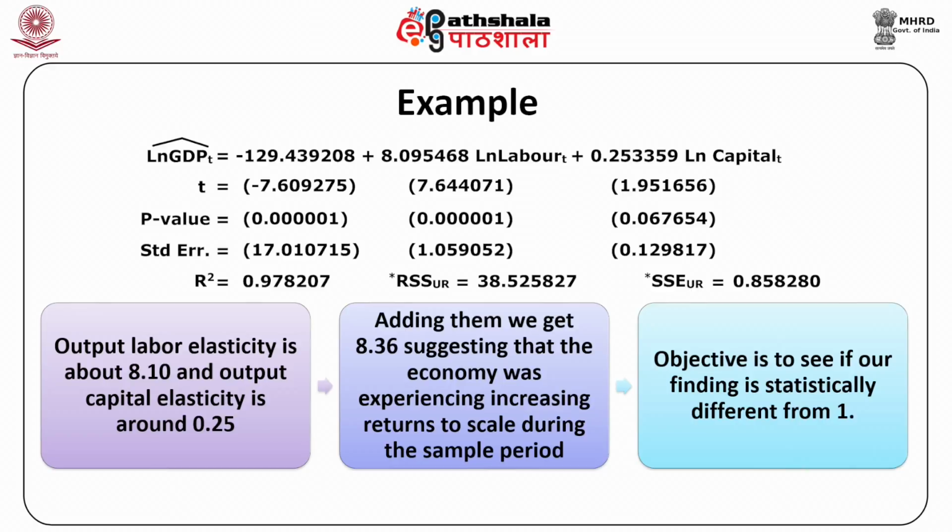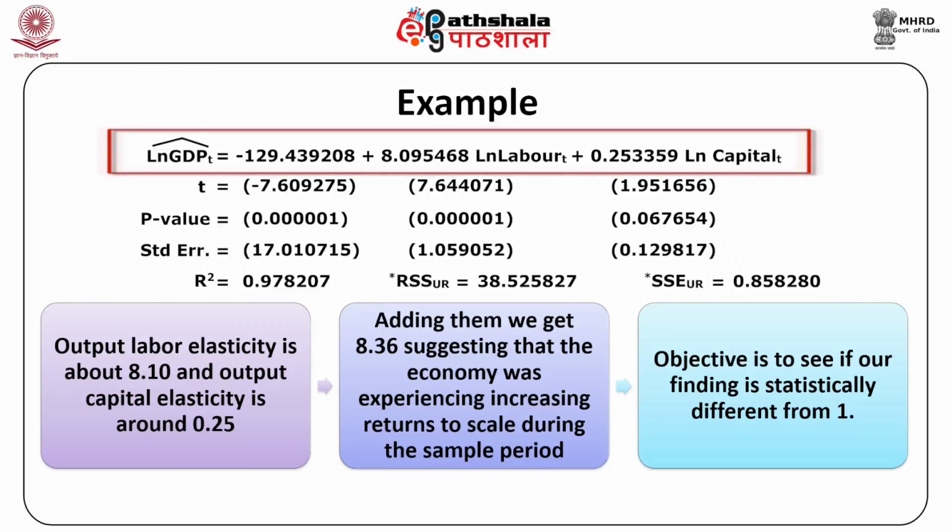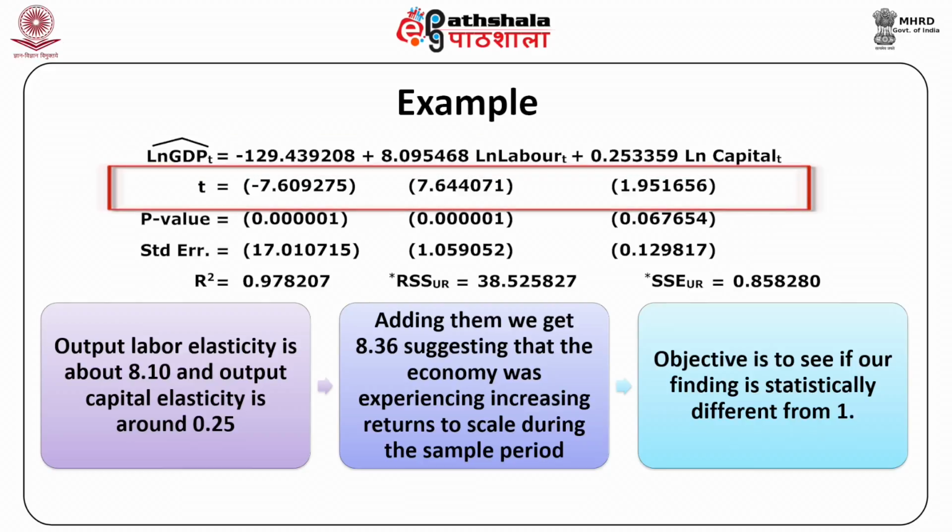Example: consider a Cobb-Douglas production function fitted to an economy's data for the period 1990 to 2009, with the following result. ln GDP hat is equal to minus 129.439208 plus 8.095468 ln labor_t plus 0.253359 ln capital_t. The t values are minus 7.609275, 7.644071 and 1.951656.